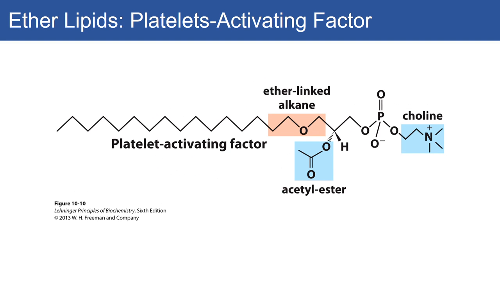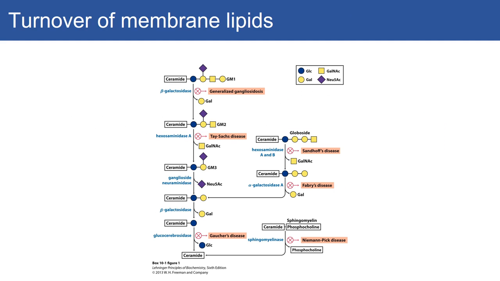Along those same lines, platelet activating factor has this very similar structure, and then we have an ether-linked alkane. We have acetyl ether as a group, and then we also have a phosphate linkage with a choline as a group that provides specific structure and function based on the charge and the size of that molecule.